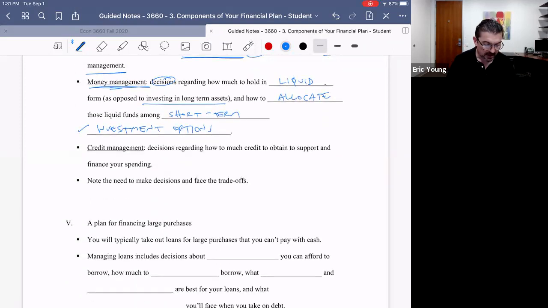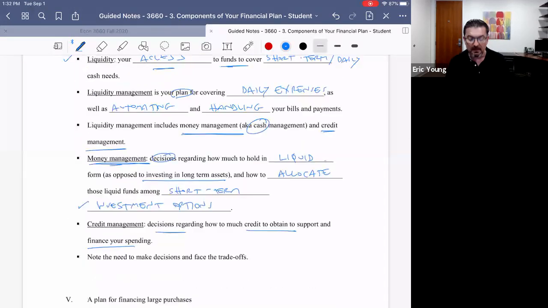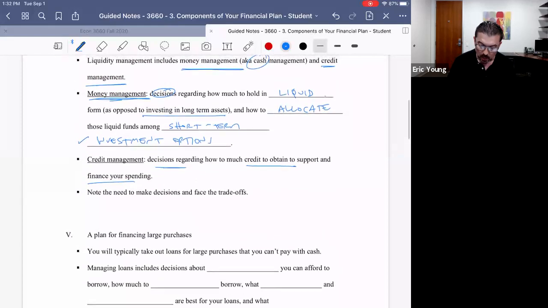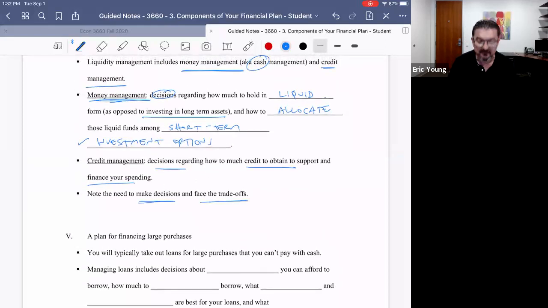Credit management is defined as decisions that you'll make regarding how much credit to obtain in order to finance your spending. Note that when you look at money management and liquidity management, you are ultimately making decisions and facing trade-offs. Among the biggest decisions are, how much cash do you keep in liquid form? Because think about the benefit and cost trade-off. The benefit is you have liquidity and you can handle unexpected daily, monthly expenses.